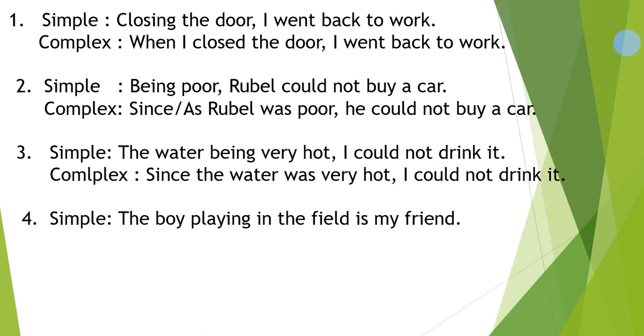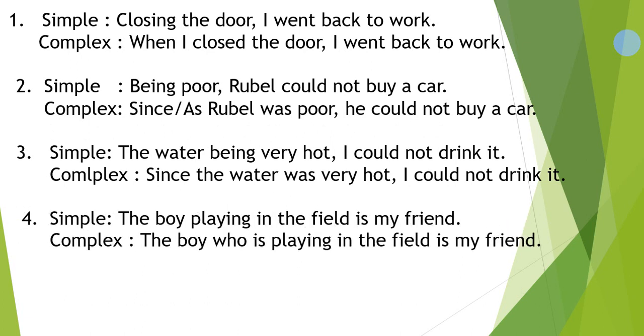At first, we'll write the given subject, then the relative pronoun "who" or "that" is used if it refers to a person. After that, the be verb is used according to tense. Next, the present participle phrase and the rest of the sentence will be used. Now the complex sentence will be: The boy who is playing in the field is my friend.